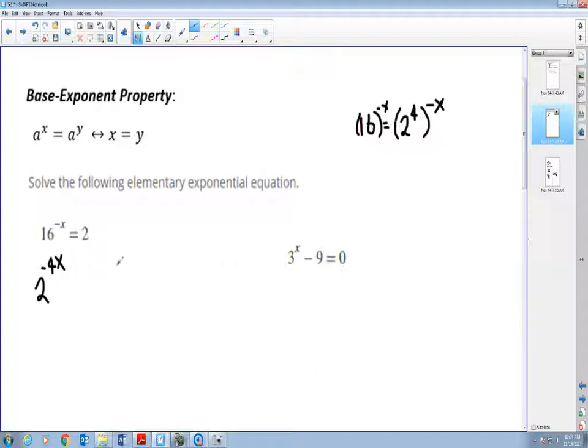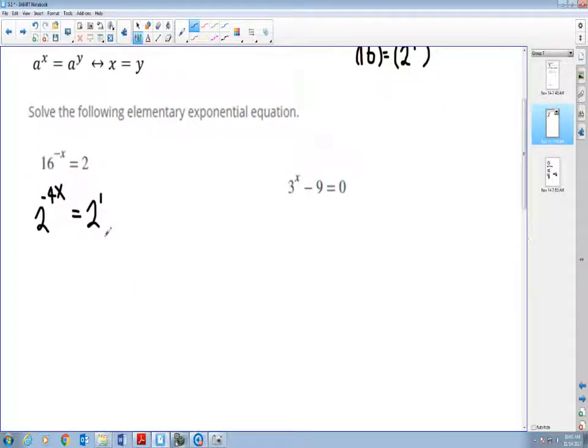Multiply the exponent, which is equal to the other base, 2 to the 1st power. So when the bases are the same and the bases are equal, we can set their exponents equal to each other. So my answer, x is equal to negative 1 over 4.